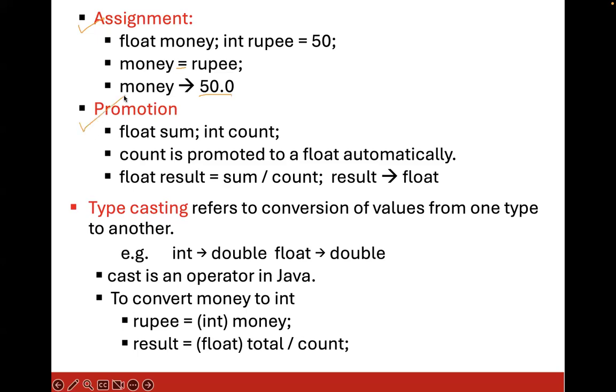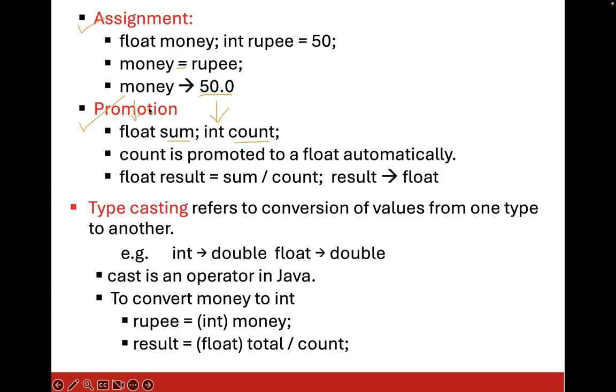So then the second type is promotion. So let's see this with an example. So here we have two variables, count and sum. Same as the previous example. This is an integer. This is a float.